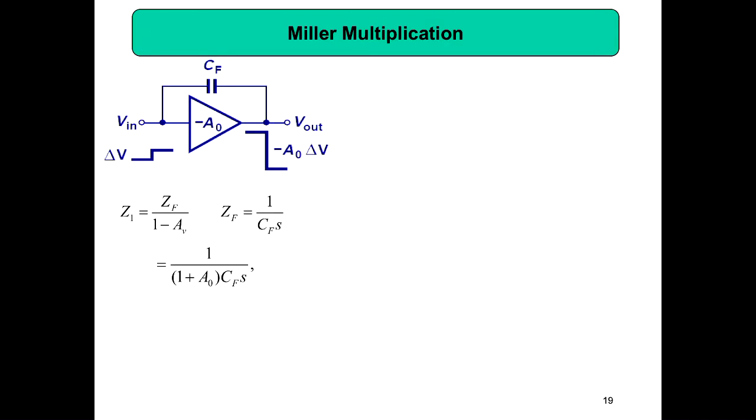So then what will happen is, we already got ZF, that is equal to 1 by CF into S. What is the gain? AV minus A0 here. So when you substitute, Z1 equal to 1 by 1 plus A0 into CFS, because ZF equal to 1 by CFS. Z2, which is equal to ZF by 1 minus 1 by AV, which is equal to 1 by 1 plus 1 by A0 into CF into S.